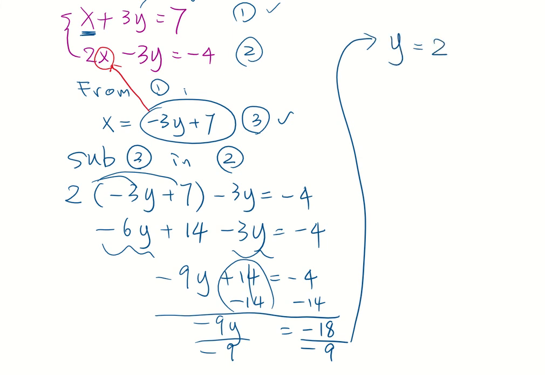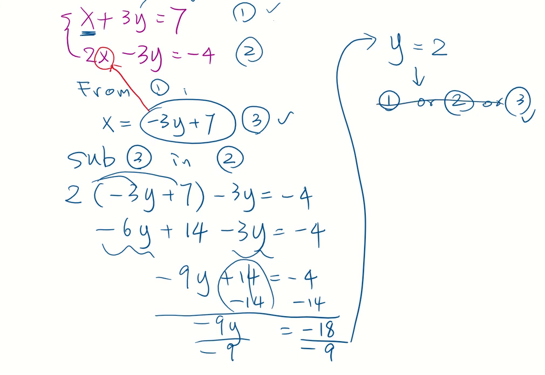Okay, now solve for x. I'm going to substitute y equals 2 into, you can substitute it into any of these three equations. You can plug in y equals 2 into either equation 1 or equation 2 or equation 3, but it's easier to plug it into equation 3 because x is already left by itself.